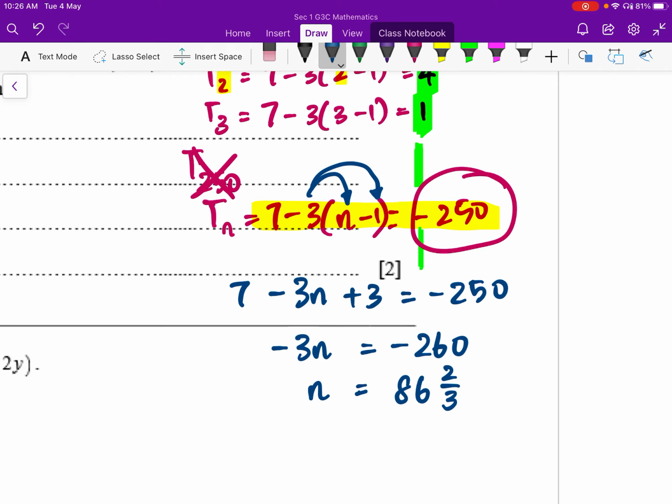We are searching for the position over here such that negative 250 is a value. And we found the position, but the position doesn't make sense. The position is not an integer. So we conclude this is not an integer. So negative 250 does not exist in the pattern.